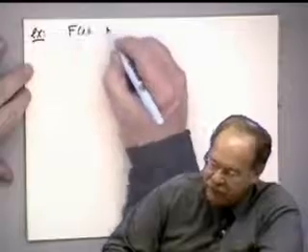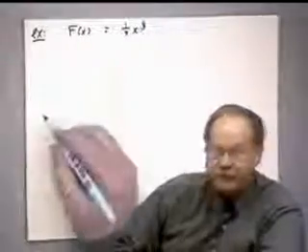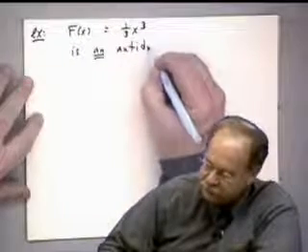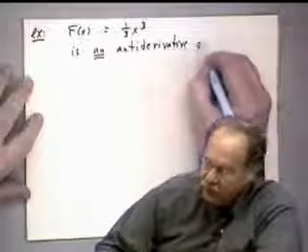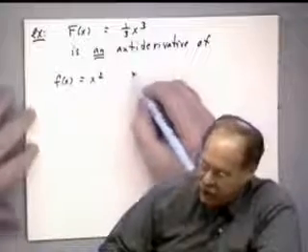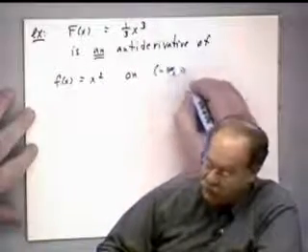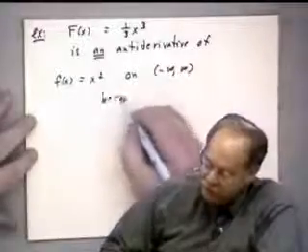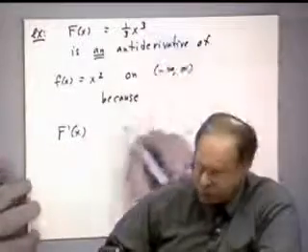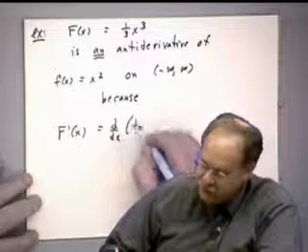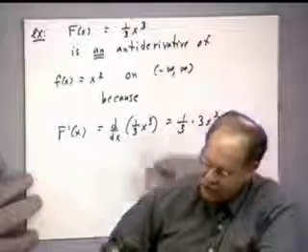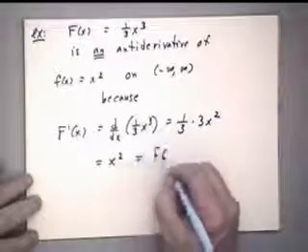So let me give you an example of how this might work in practice. Suppose big F of x is the function 1/3 x cubed. Now that function is an antiderivative of the function little f of x equals x squared, on all the real numbers, because when you take the derivative of big F of x, which is d/dx of 1/3 x cubed, you get 1/3 stays, and then it's 3x squared, and that simplifies down to x squared, which, of course, is little f of x.